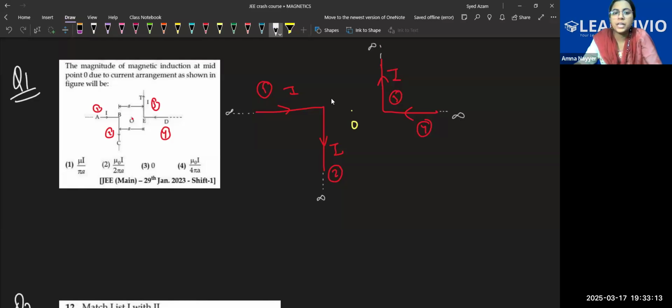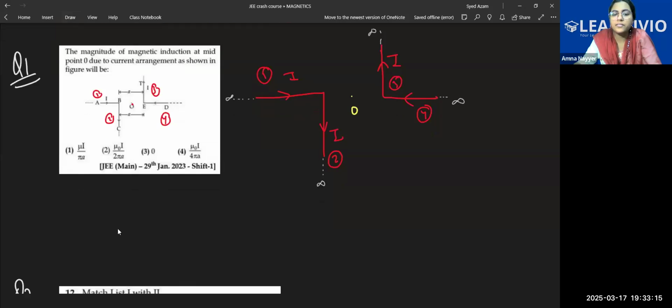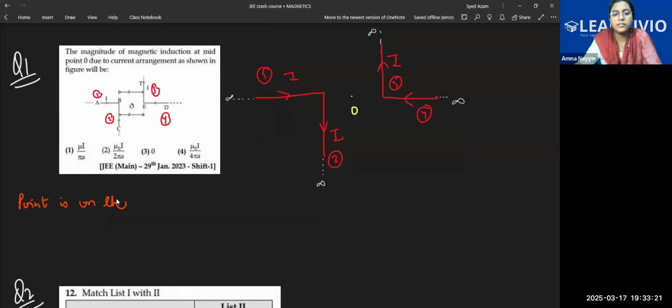Like this. Now see, whenever the point is on the axis, the magnetic field is 0. So look, for the first segment, the point is lying on the axis, so the magnetic field will be 0. Similarly, for the fourth one, the point O is lying on its axis, so the fourth will also be 0.